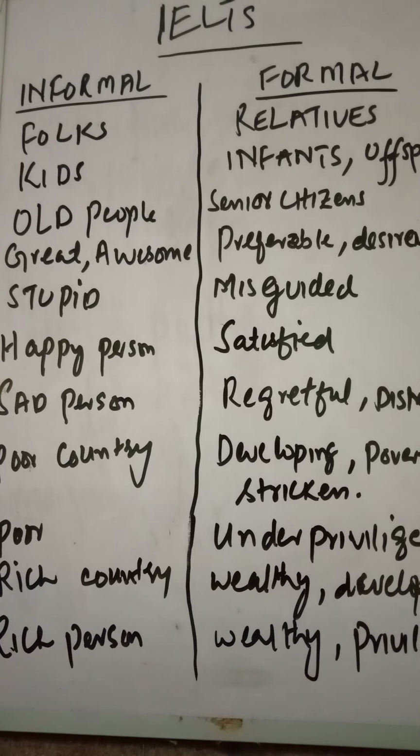But as far as the written English is concerned, you have to make sure to use the appropriate language, which means formal language, and that will help you revamp your existing communication skills and also enhance your band score in IELTS.